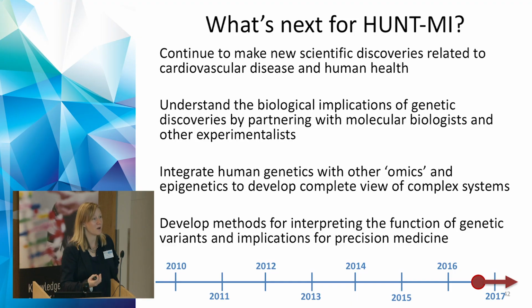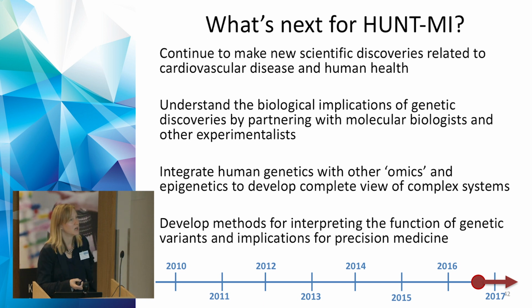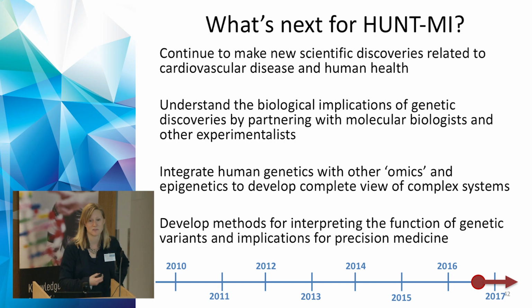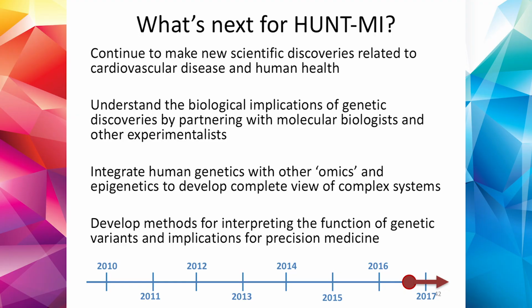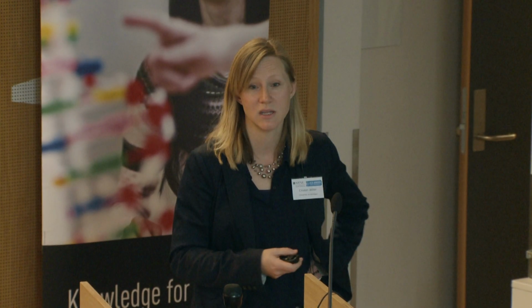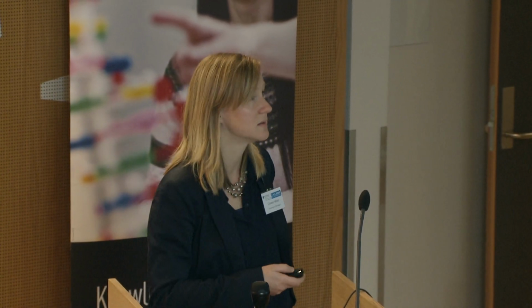So what do I envision as the next stage for our HUNT MI collaboration? We'd like to continue to make new scientific discoveries related to cardiovascular disease as well as human health. It's important to understand the biological implications and the mechanism underlying these genetic discoveries. And I think the optimal approach is by partnering with experts in molecular biology who are world leading at developing these kinds of experiments.